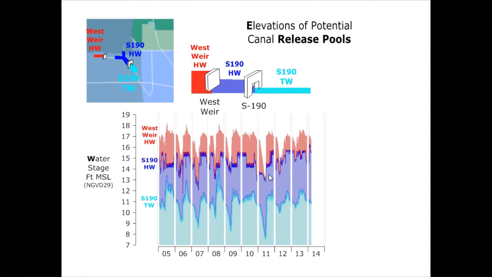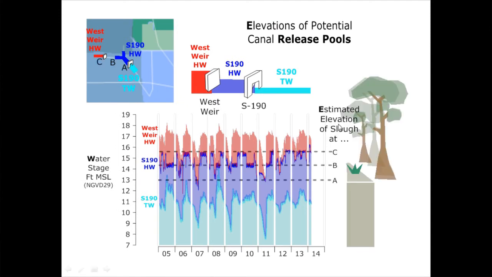And I just put this in for discussion purposes, so we had it. This shows from 2005 to 2014 the elevation of the S190 tailwater. The dark blue is the S190 headwater, and the red is the west weir.